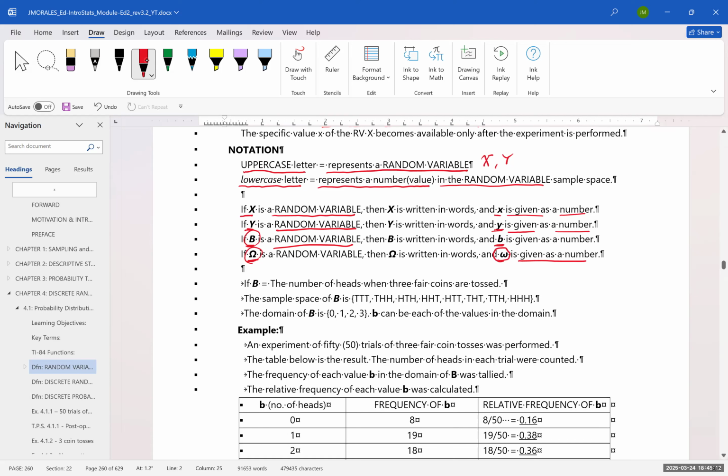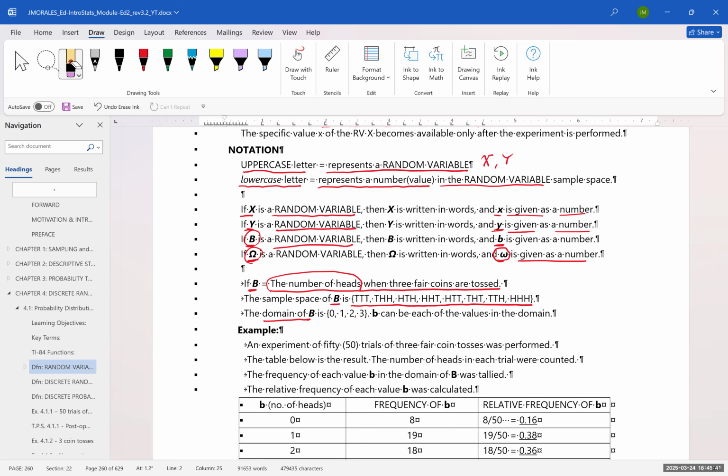So, as an example, if we set capital letter B to be the number of heads when 3 fair coins are tossed, then the sample space of B would be this. Now the domain of B, which is the number of heads, we would have 0 heads, 1 head, 2 heads, or 3 heads.